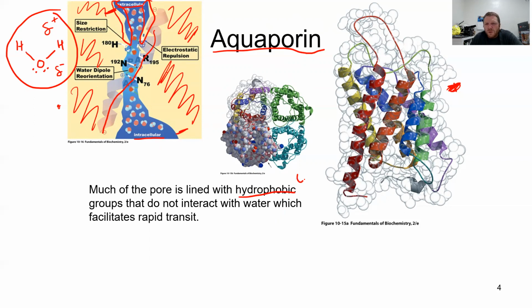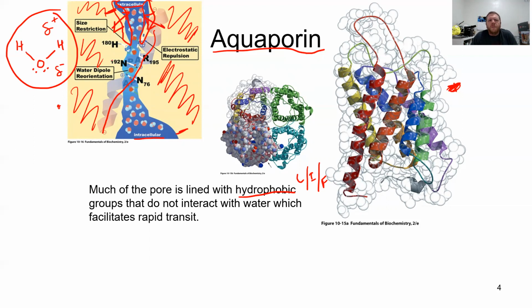So we've got lots of leucines, isoleucines, maybe some phenylalanines. What are they going to do? Let's say hypothetically we've got a leucine over here and a leucine over here. They're both going to be pushing water away from themselves, so water is going to be shifted up that way.